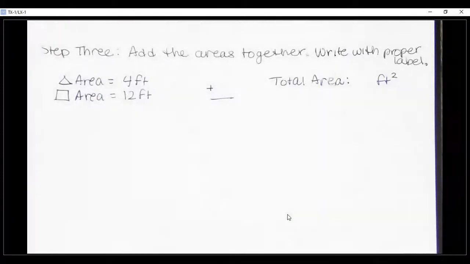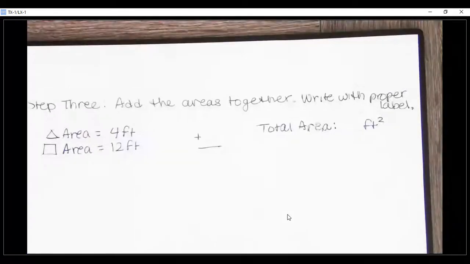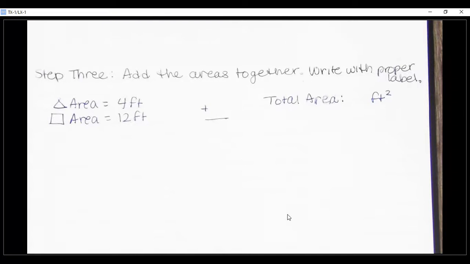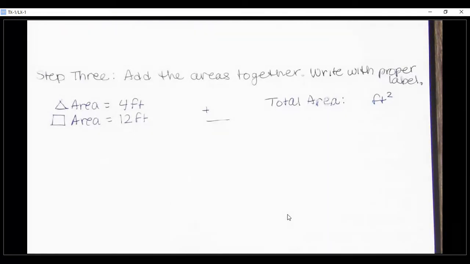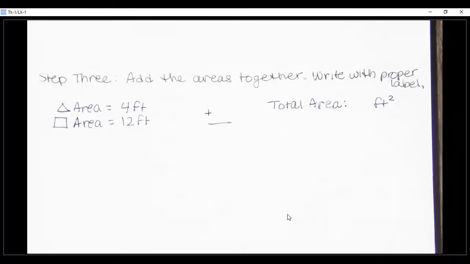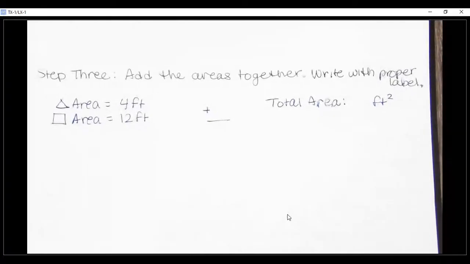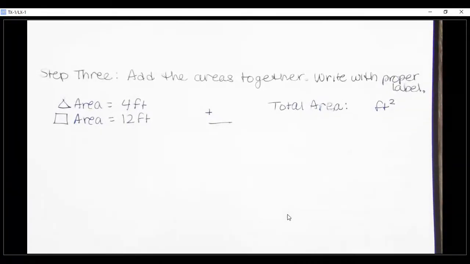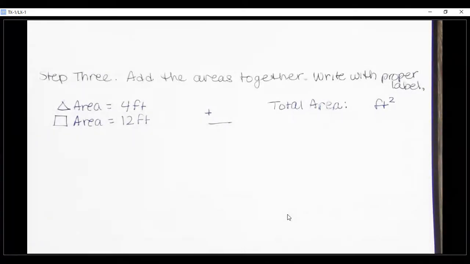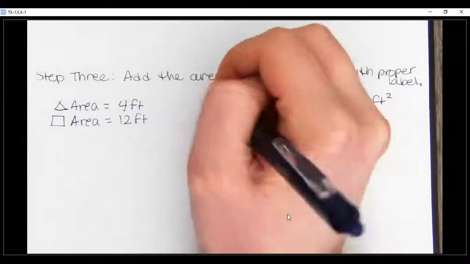That last and final step: add the areas together and write the proper label. So we said that the area of our triangle was going to be 4 because we did 4 times 2 divided by 2, and we had 4.